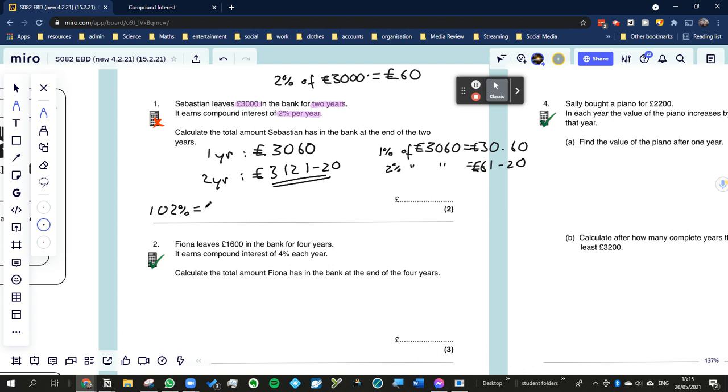So what's a 2% increase on 3,000? Well, you just take the 3,000 and you multiply it by 1.02. Instead of multiplying it by 0.2, you multiply 1.02, and you're going to get the same answer. You're going to get straight to that, 3060, right?